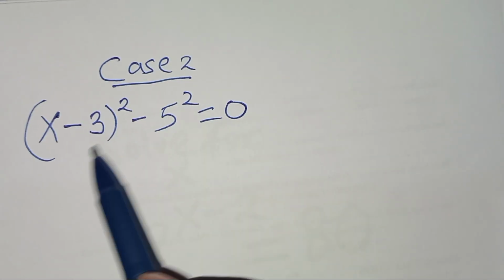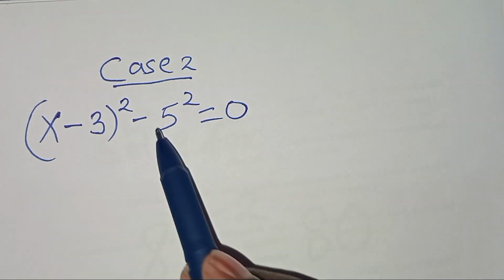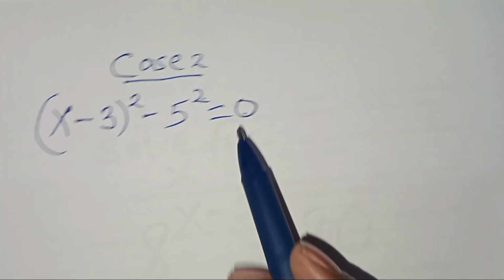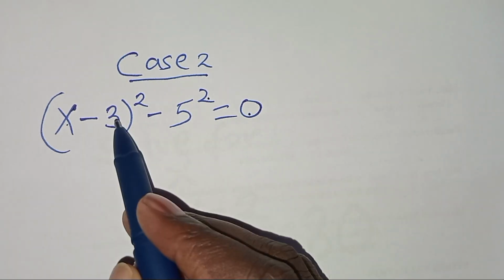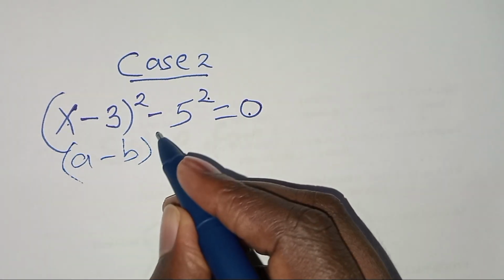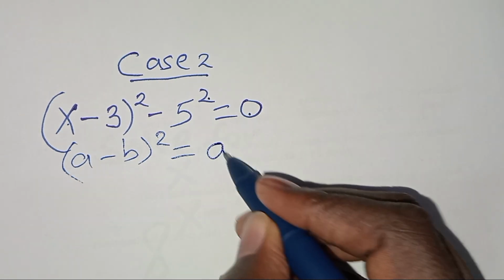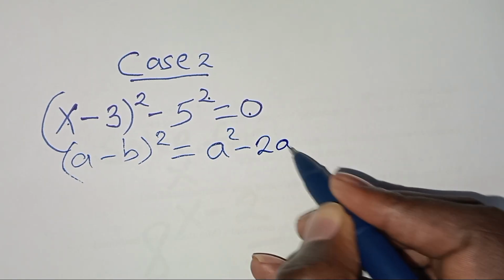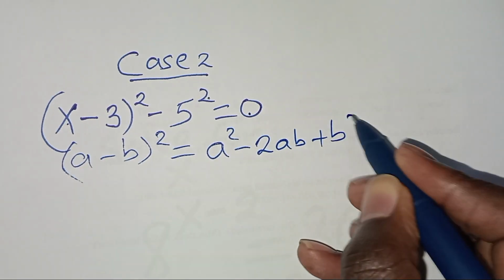For case 2, we have (x subtract 3) squared, subtract 5 to power 2, equal to 0. And actually, (x subtract 3) squared is in the form of (a minus b) squared, which you can express as a squared minus 2ab plus b squared.